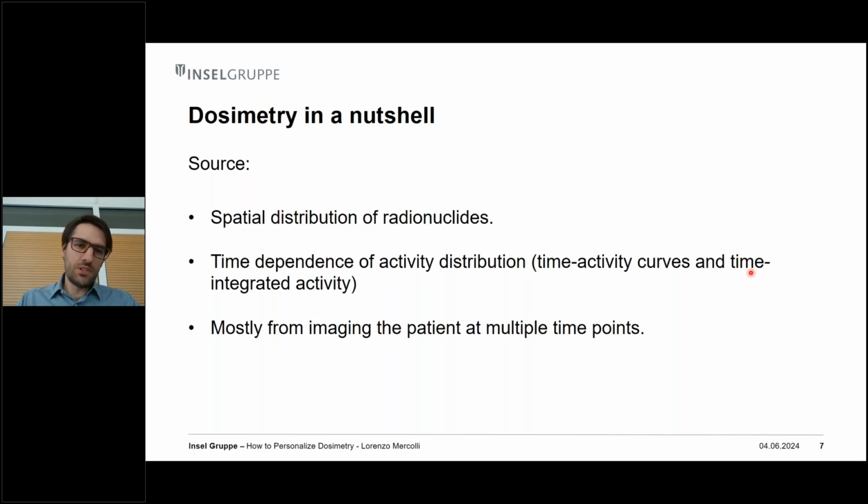In nuclear medicine, we are in the comfortable position that we usually image our patients, and so the source for a dose calculation comes from the images that we take of the patients. In general, we need multiple time points in order to determine the time dependence of the activity distribution.